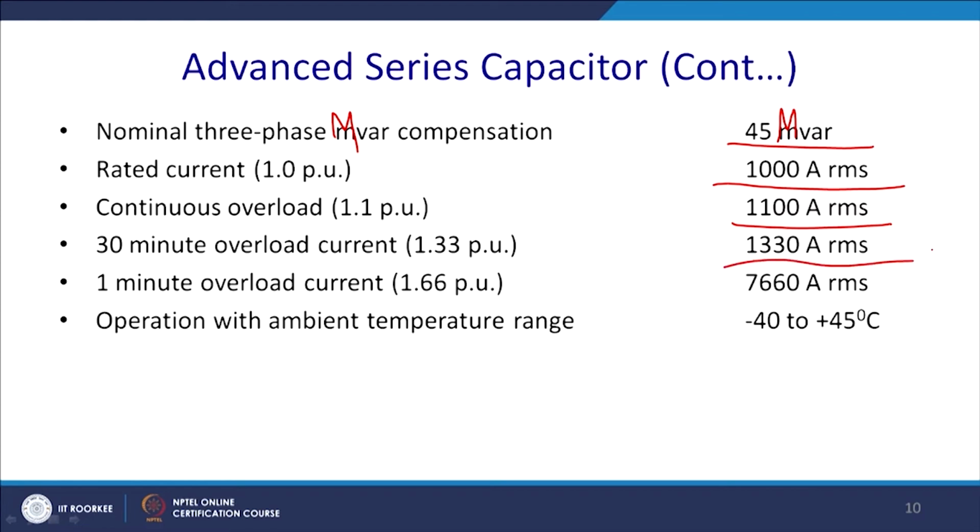So, current can be allowed to flow about 1330 ampere. The 1 minute overload current should be this much of value, 1666 amperes, and operation with the ambient temperature range is 40 to 45.